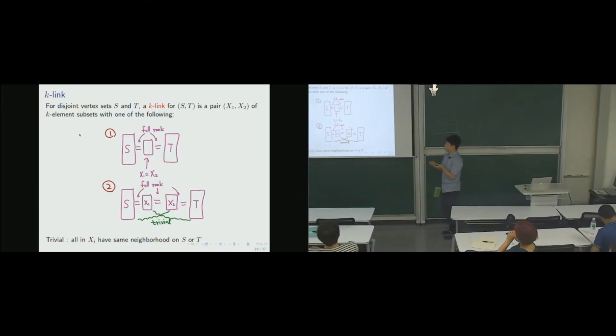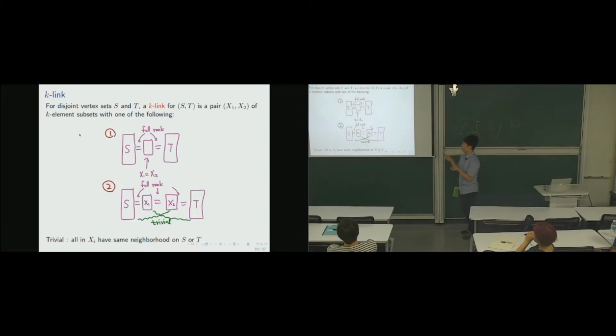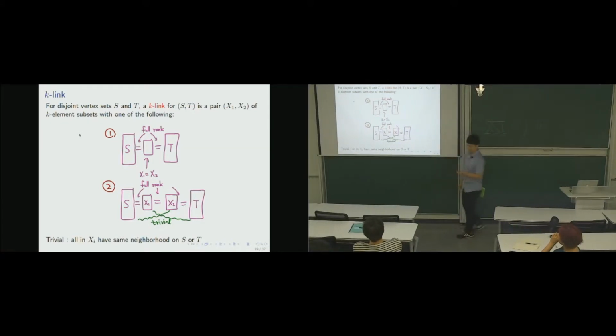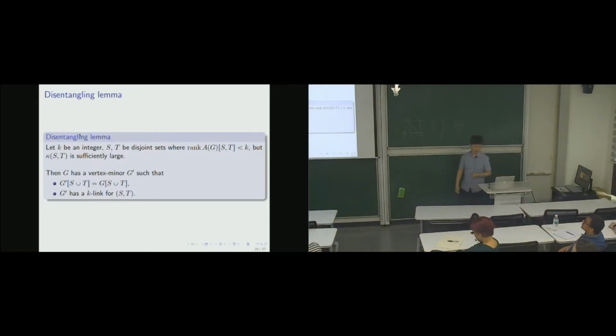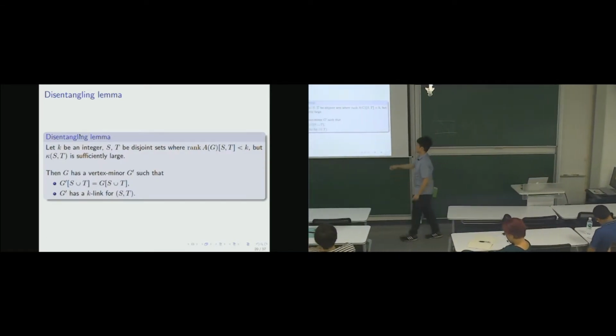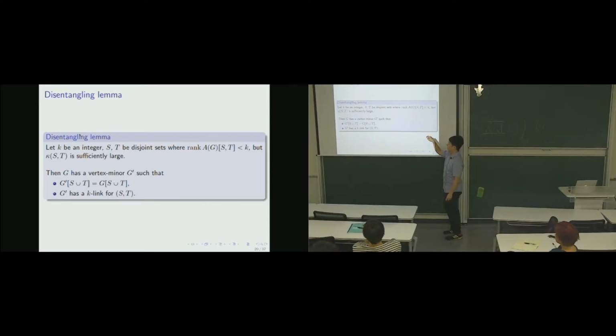We want to try to find one of these two things while preserving the S and T. So this is our purpose. The statement is not that hard. You have some integer k, and S and T are disjoint sets with size much larger than k.